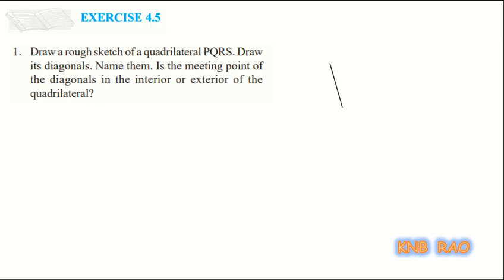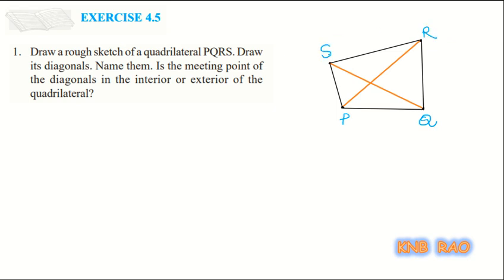Here I am drawing a sketch of quadrilateral PQRS. Now I have drawn diagonals. Now let me name them P, Q, R, S.